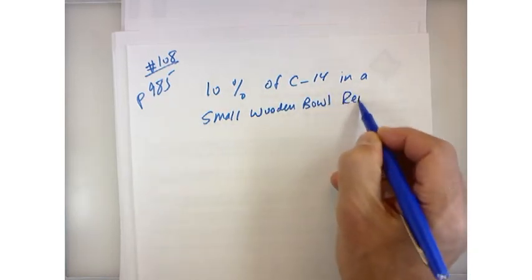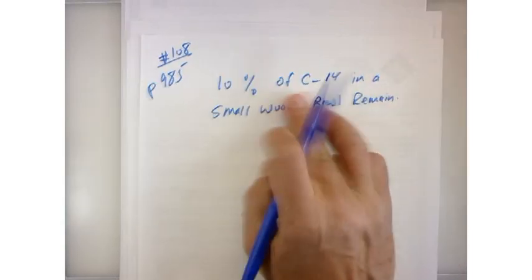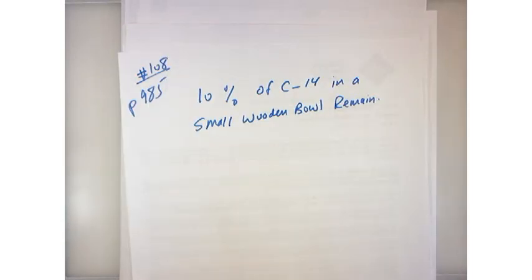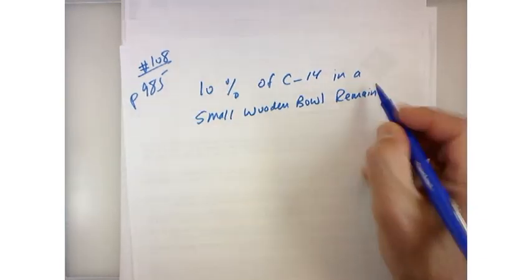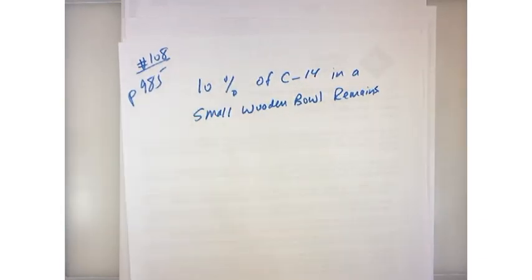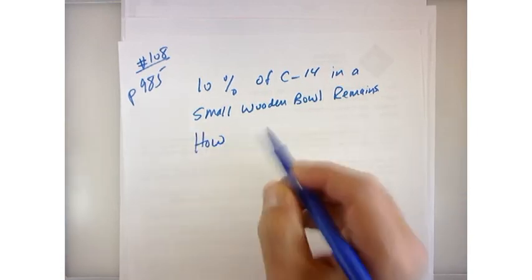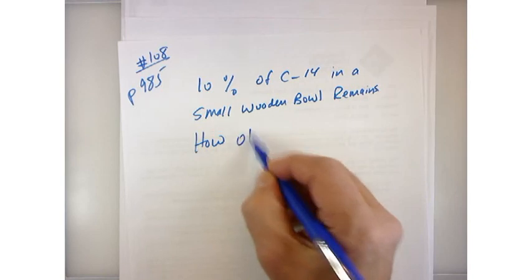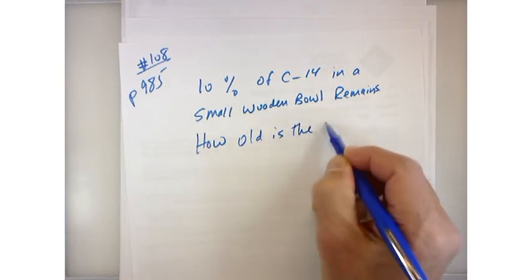So scientists found a wooden ball and they measured the percentage of C14 in that ball and they found only 10% remains. They're not saying decay, so that's what remains. That's what we need. It's always what remains. How old is the ball? They want to figure out how many years it has been there.